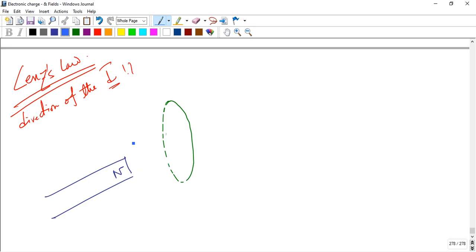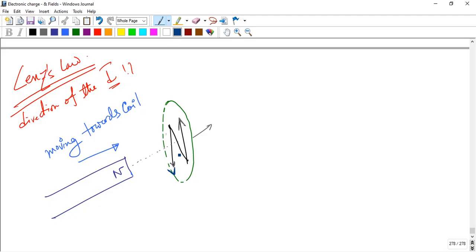The bar magnet is moving towards the coil, and the face towards the coil shows N. So towards the coil we get some current I, and this current also produces a magnetic field, which you find by applying the right hand thumb rule.